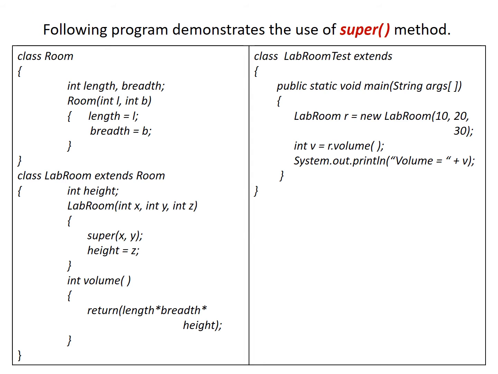Now this will call the constructor of the parent class, that is the Room class. And in the last class, the LabRoomTest class, the main method is defined where we are creating the instance of the LabRoom class and we are calculating the volume. At the end, we are displaying the value of V on the console.